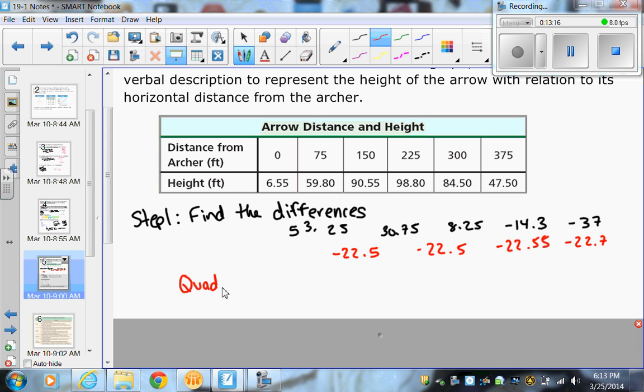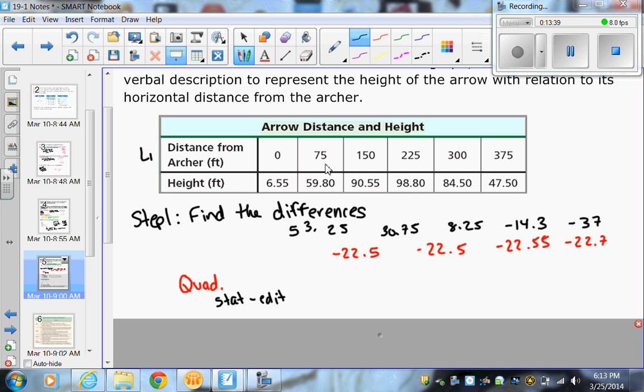Okay? So next step we're going to do is refresh ourselves on putting information in our graphing calculator. So what you want to do is you want to hit your stat, edit, and then in L1 you're going to type the distance.